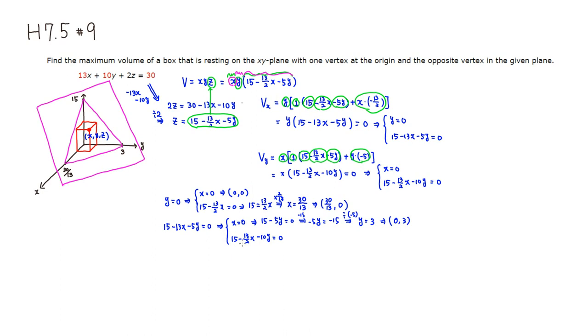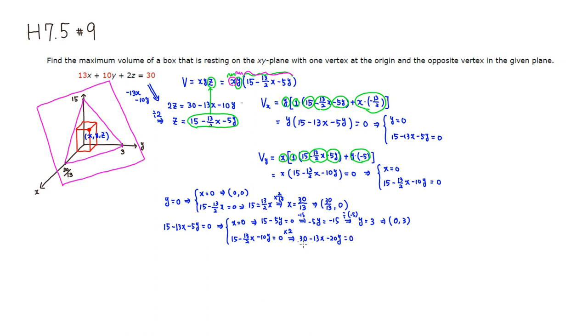All right, so this is the last case. We have to look for the intersection between these two equations. What I would do is multiply this equation by 2. So we get 30 minus 13x minus 20y is equal to 0.